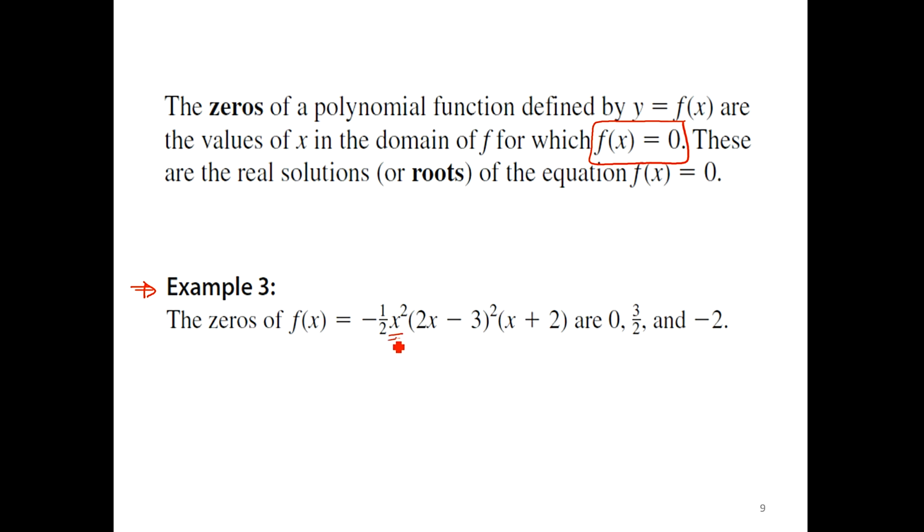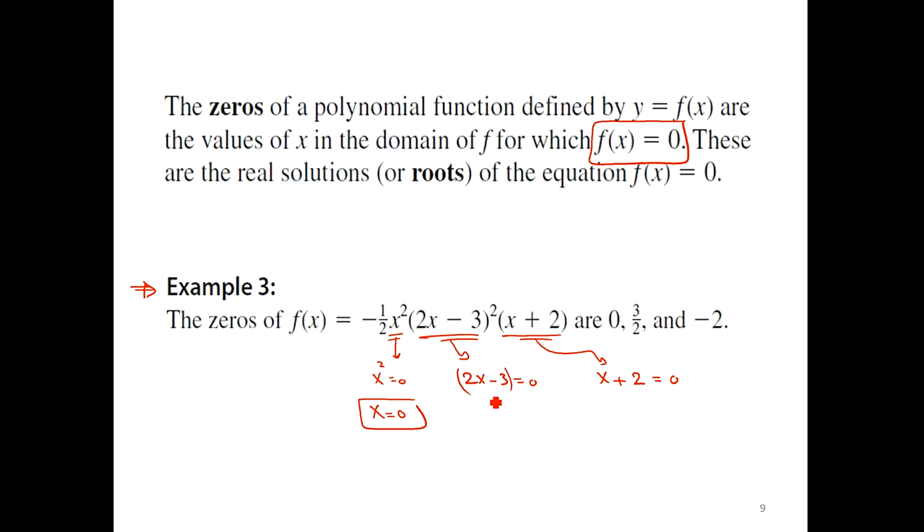So we have x squared equals 0, or 2x minus 3 equals 0, or x plus 2 equals 0. I take the radical of x squared, so we have x equals 0.